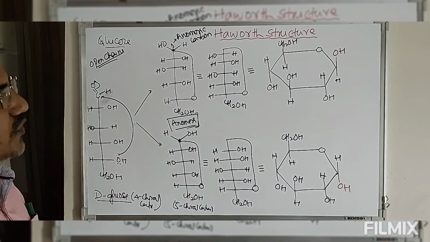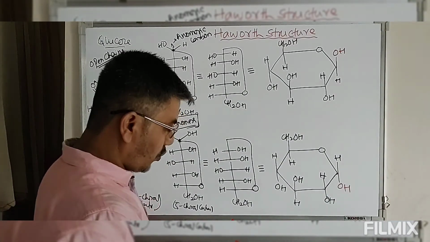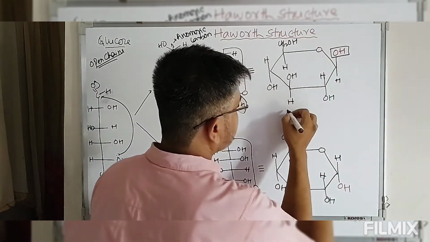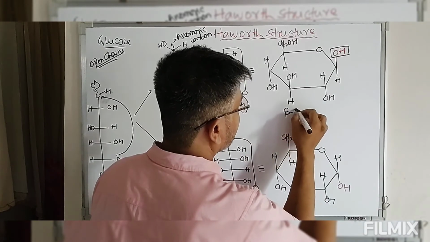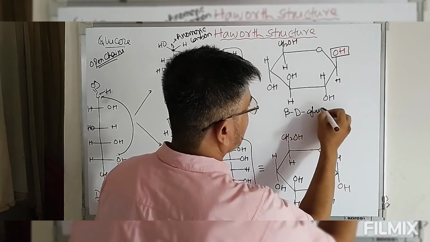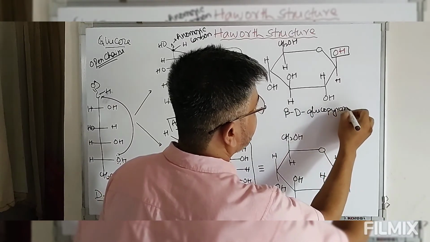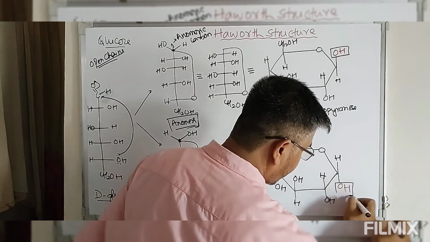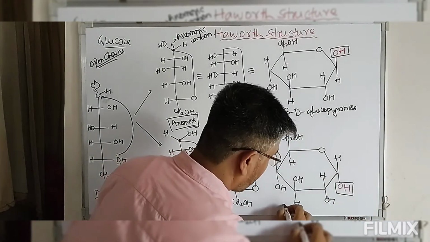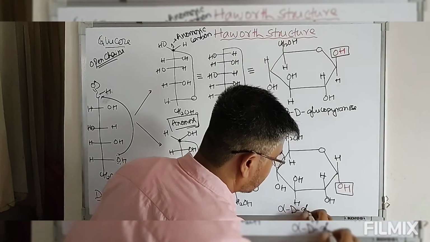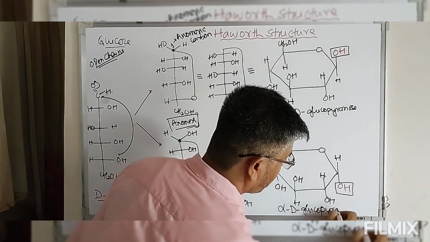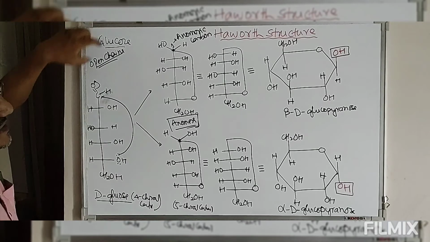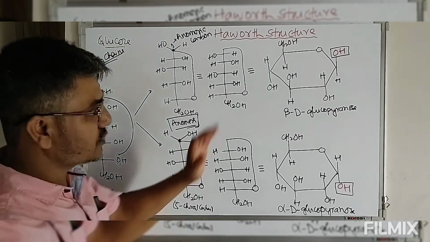Now these two forms: if the OH is above the plane of the ring, we say this is beta-D-glucopyranose ring. If the OH at the anomeric carbon is below the plane of the ring, you say this is alpha-D-glucopyranose ring. So the cyclic structure of glucose exists in two isomeric forms.